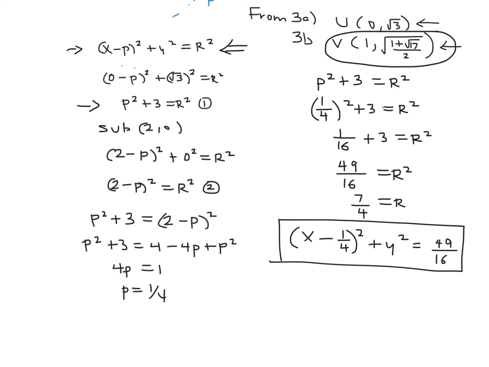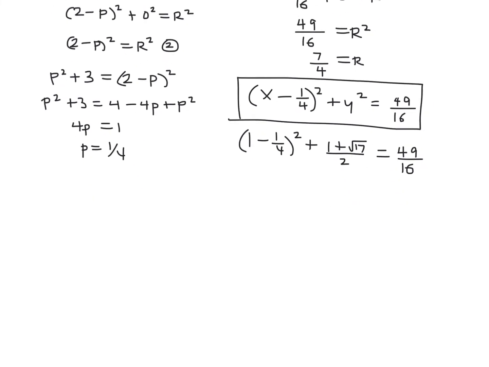If it works, then we have shown that this is a circle. If it doesn't work, then it's not a circle. So here we go. So we got (1 minus 1/4) squared plus 1 plus square root 17 over 2, because when I square it, the radical disappears. And does that equal 49 over 16?